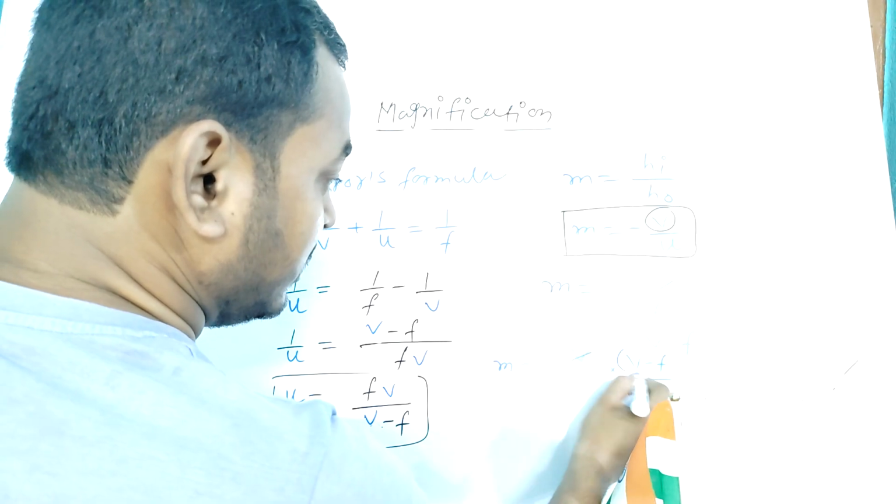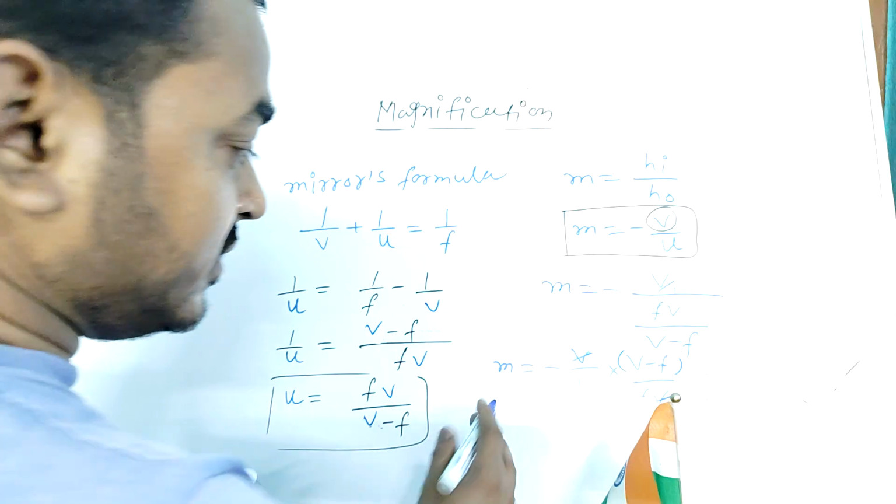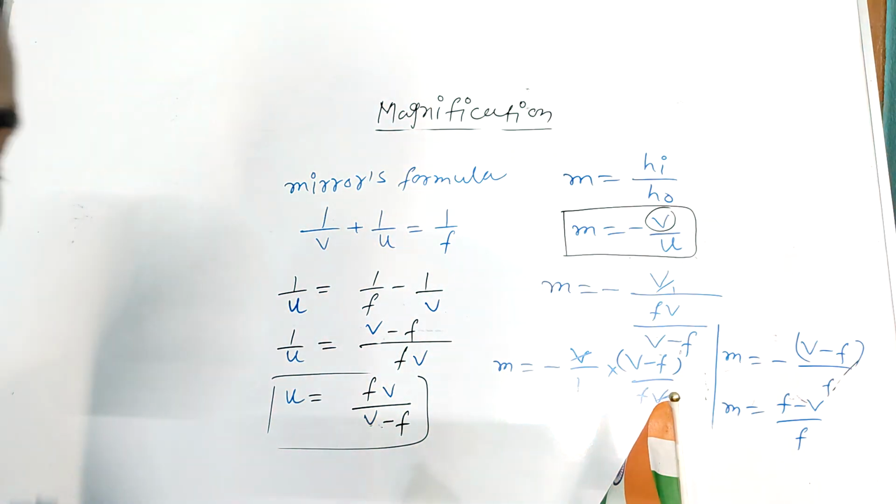This V cancels. So we can write m is equal to minus (V minus F) by F. Again, absorbing the minus, we will get (F minus V) by F. It is the second one.